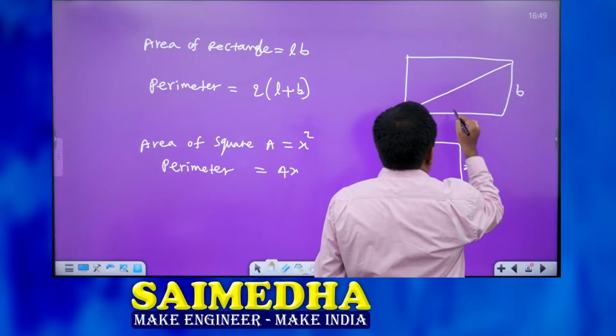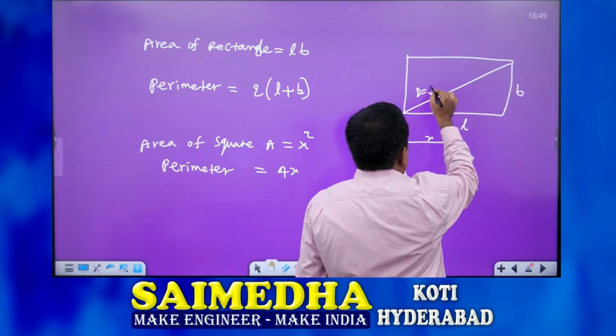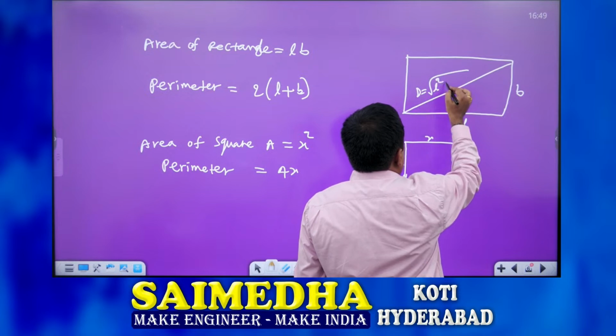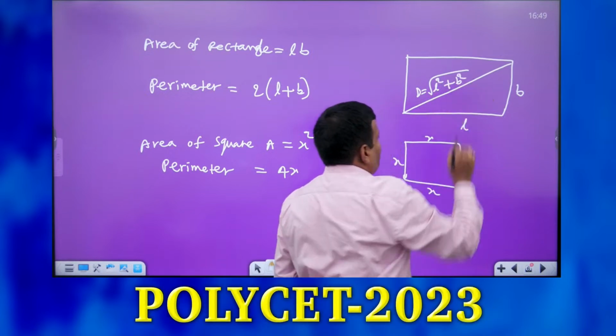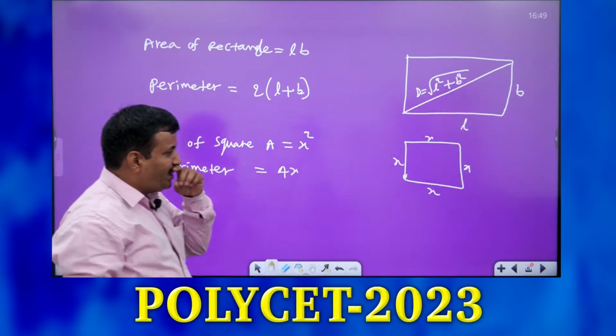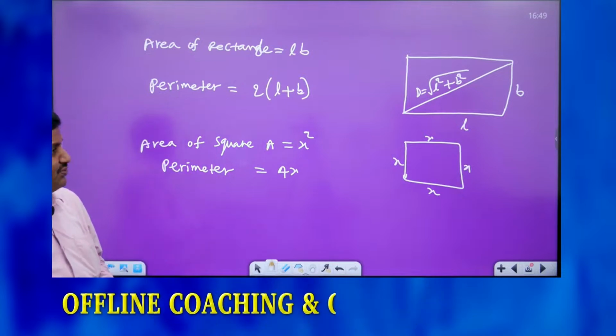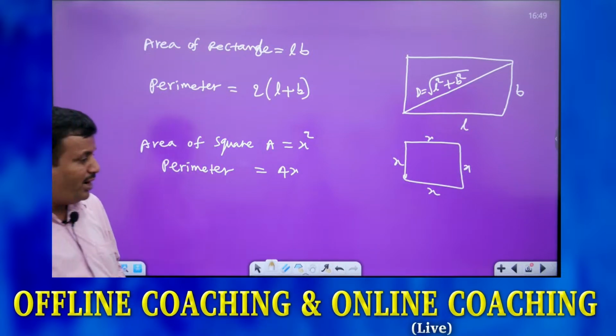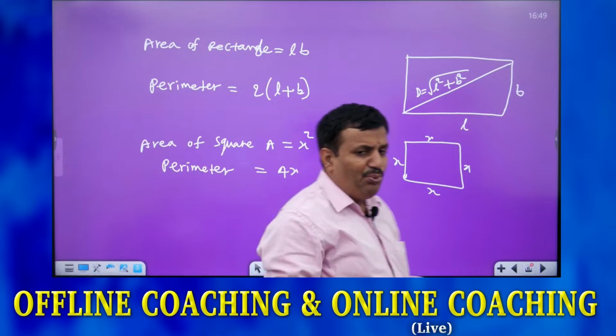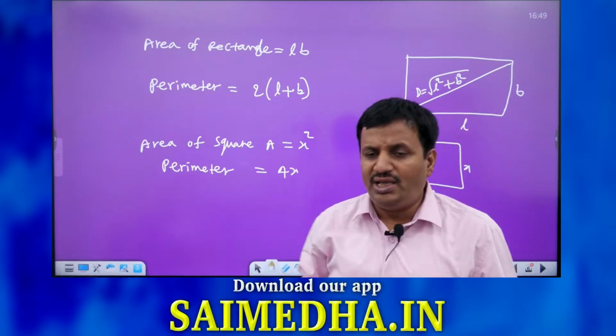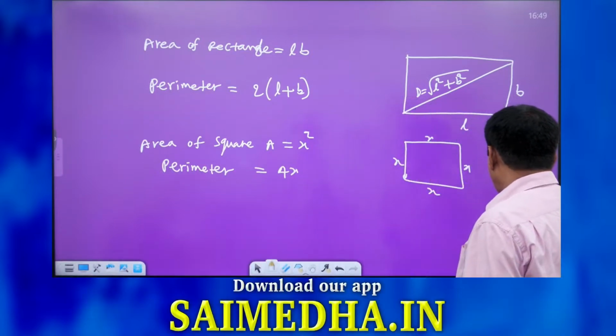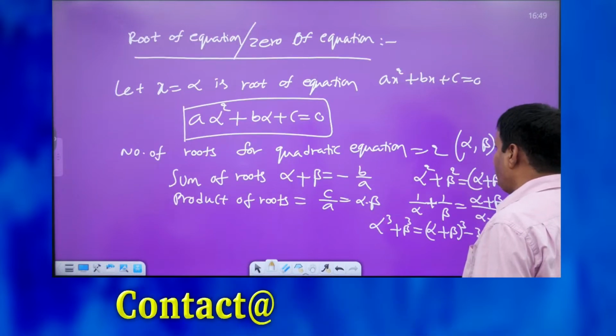Diagonal is equal to square root of L square plus B square. ఈ complete knowledge ఉండాలి మనకి to solve the questions from the topic quadratic equation. The simple topic in the Polycet quadratic equation also. Once again, if you observe the slides one by one again.